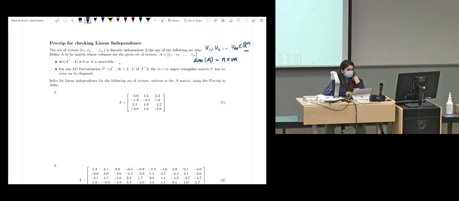But we know a better way to do it. We don't want to be doing determinants of really large matrices. We have a smarter way of doing that, which is using LU factorization.